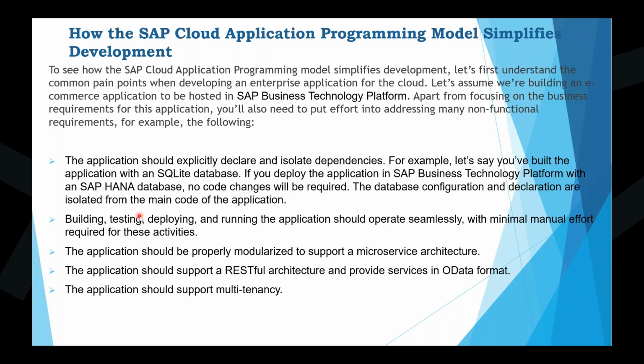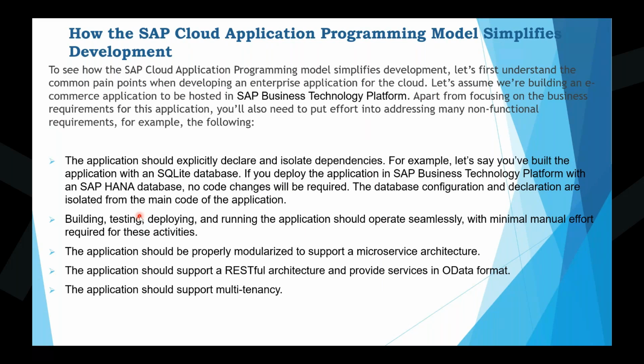Today I built it with HANA DB, and after a few days or months, the client says no, use any DB. Yes, I can easily shift it without touching anything in your business code logic, because the database configurations and declarations are isolated from the main code of your application.